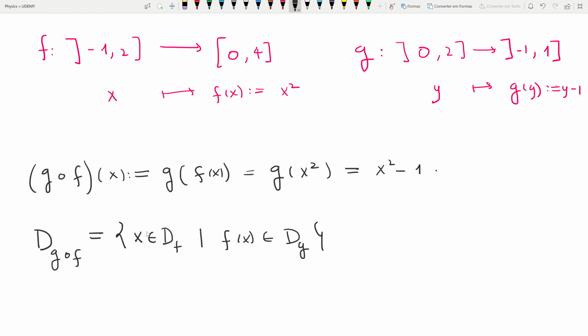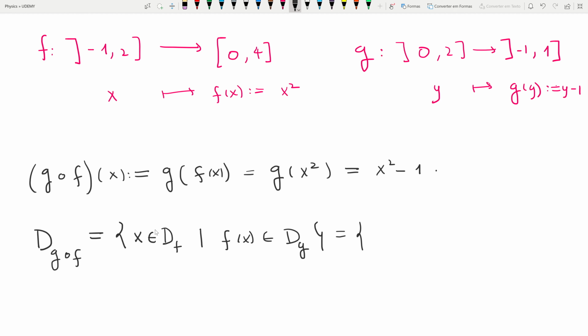Let me just say it again. It's all those x's in the domain of the first function, the f function, whose images live in the domain of the second function, which in this case is the g function.